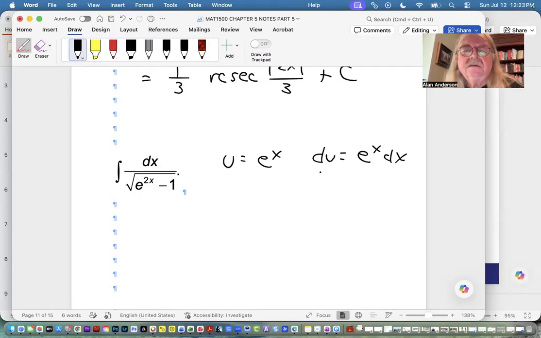And this is now u squared. And then dx is du over e to the x, which is du over u.